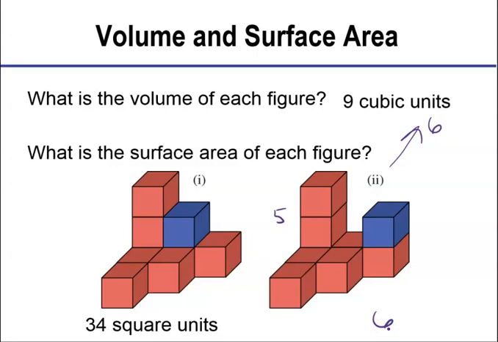And now I'm going to count the faces that I can see, and I'm just going to check them as I count them. So it's 1, 2, 3, 4, 5, 6, 7, 8, 9, 10, 11, 12, 13, 14, 15, 16, 17, 18. So I'm seeing 18 there. And if I add these up, I have 6 plus 6 is 12, plus 5 is 17, plus 18, that's 35 units squared.